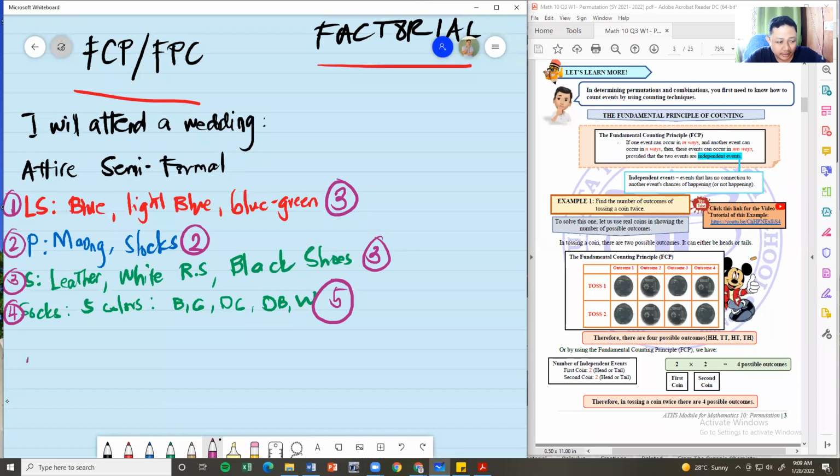So we have here 3 for the long sleeves, times 2 for the pants, times 3 for the shoes, and times 5 for the socks. What's the total? If you multiply them all, what's the answer? The answer is 6 times 3, 18, 18 times 5.